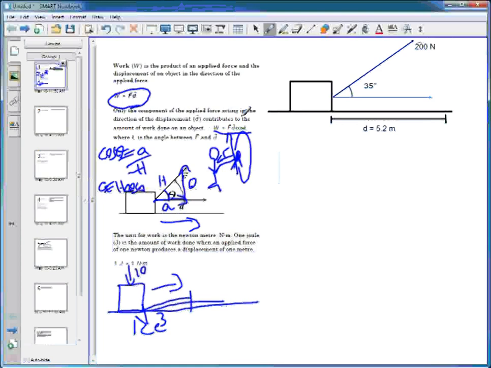In this example, this box is moved a distance or displacement of 5.2 meters in the horizontal by a force of 200 newtons, 35 degrees to the horizontal. We want to know how much work is done on it. The first thing I'm going to point out, though, is this little line here above the 0. What that means, maybe I'll use a highlighter to highlight it instead.